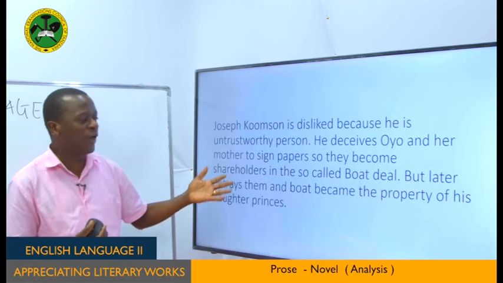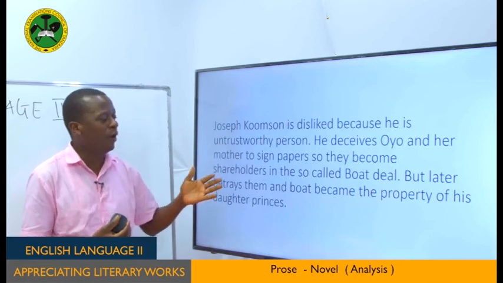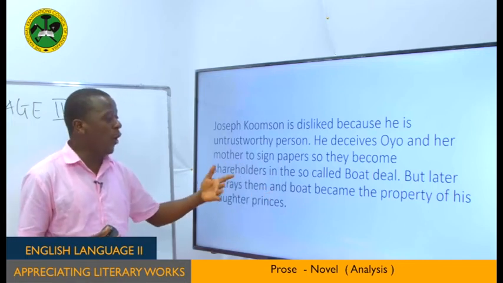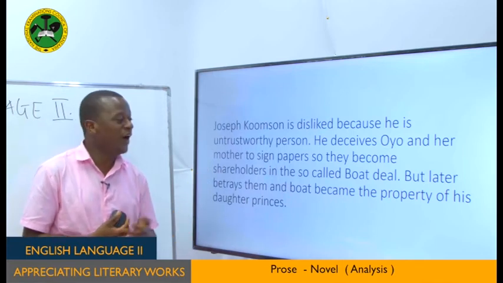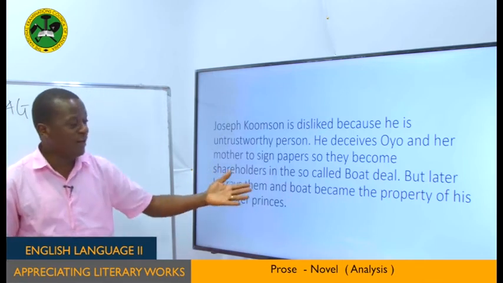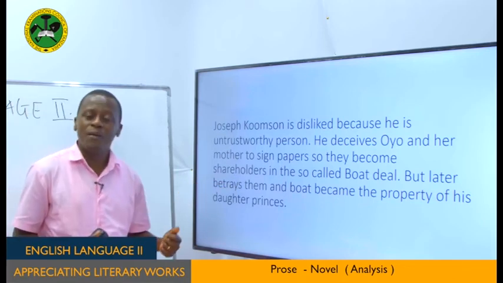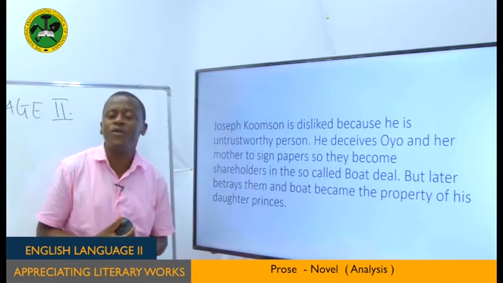Now, this was just a trick by Joseph Thompson, a trick of buying such a boat. After buying such a boat, Oyo and their mother had nothing. Now, we see later that Joseph Thompson betrayed them. After the boat was bought, that boat became the property of the family.